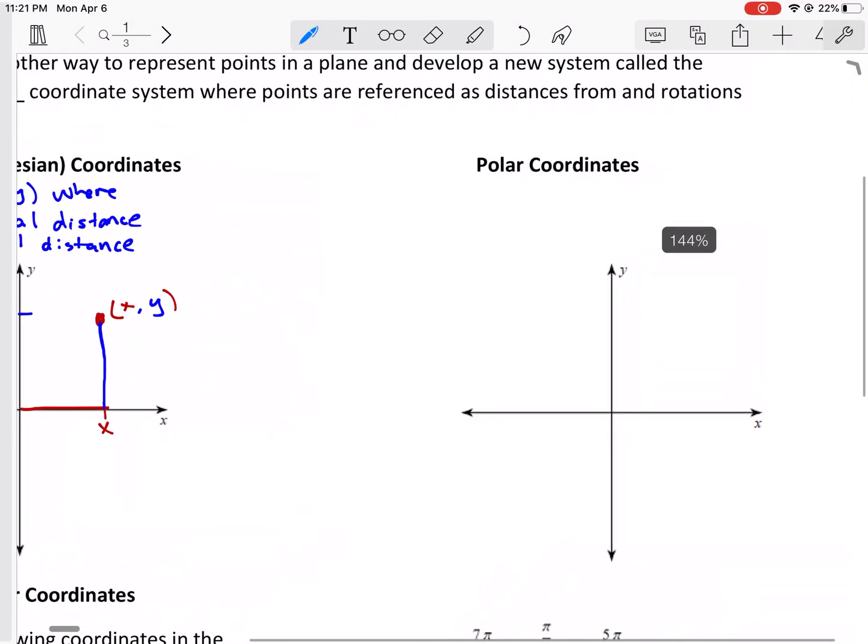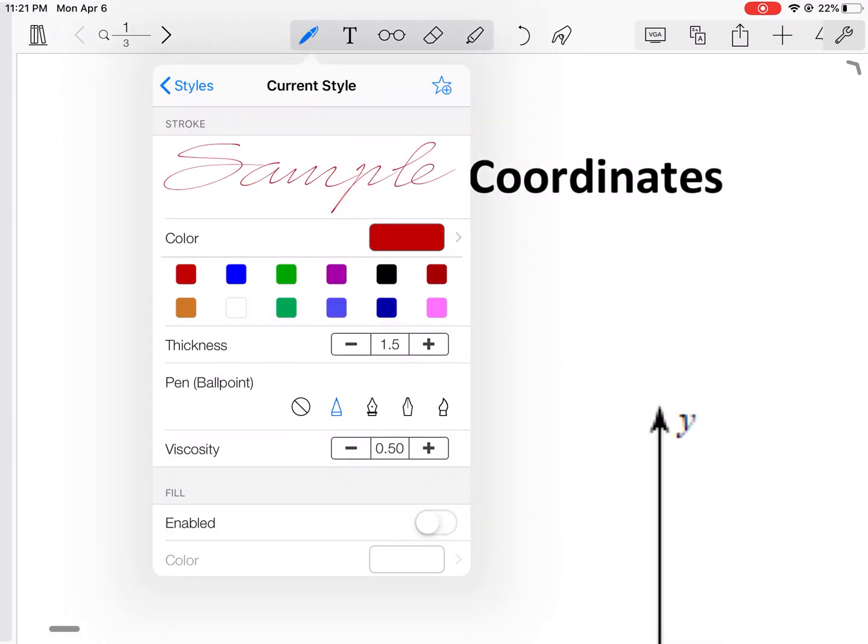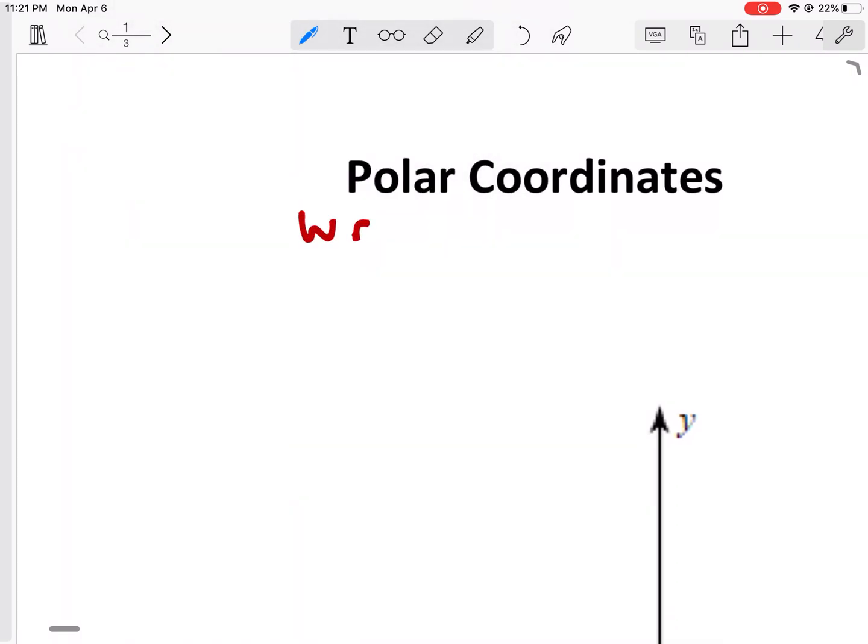However, when we look at polar coordinates, we're going to look at things a little bit differently. So these are written using a couple different variables.